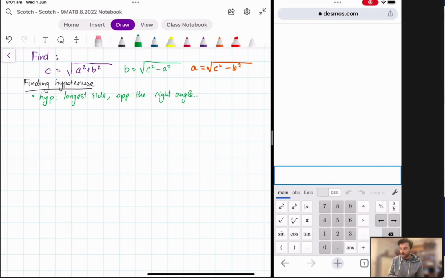Okay, so here we go. Let's draw out some triangles. We've got this one here, and then I've got a your turn over here, which you can have a crack at.